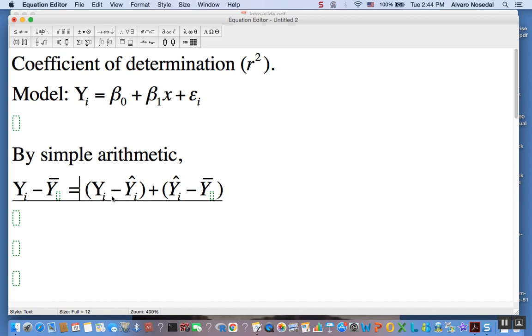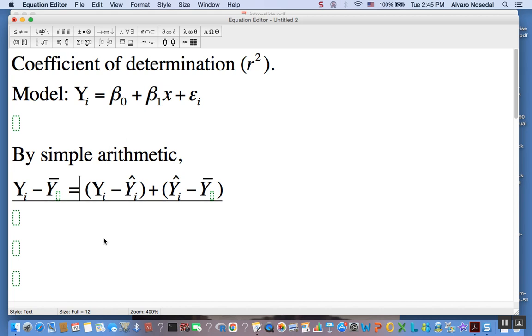One, an unexplained deviation, an error. Can you see that? That's the observed minus predicted. And an explained deviation, meaning the regression deviation.